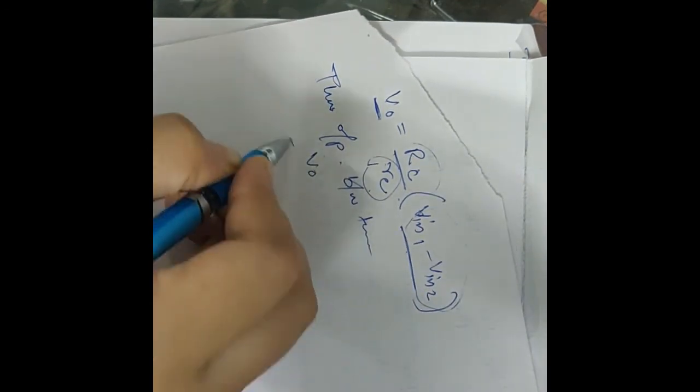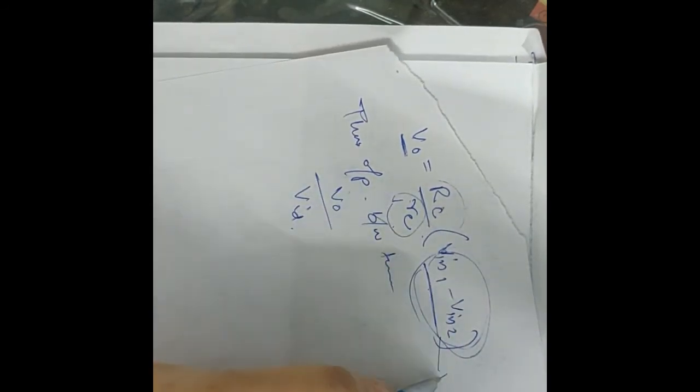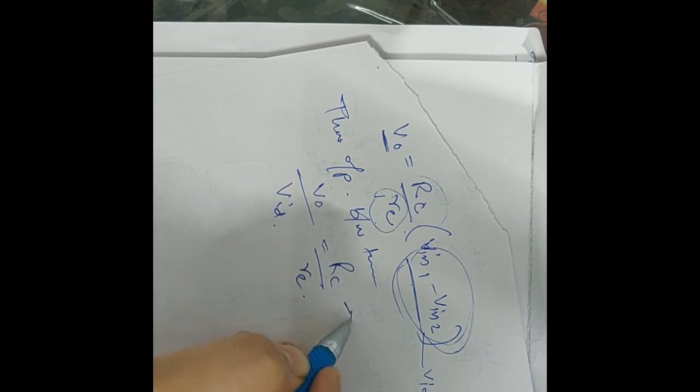This is nothing but VO over VID, which is the differential input voltage. So VO over VID is equal to RC upon RE. Using this we can set the voltage gain of the differential amplifier by the RC value and the AC emitter resistance. That is the collector resistance.